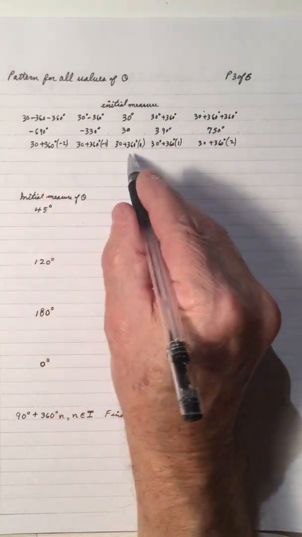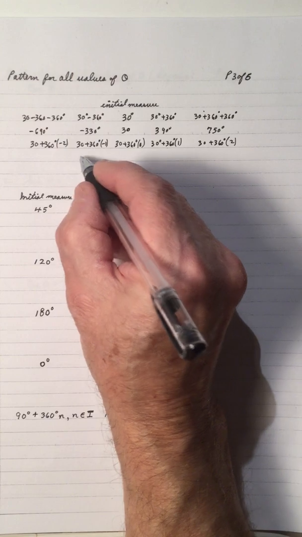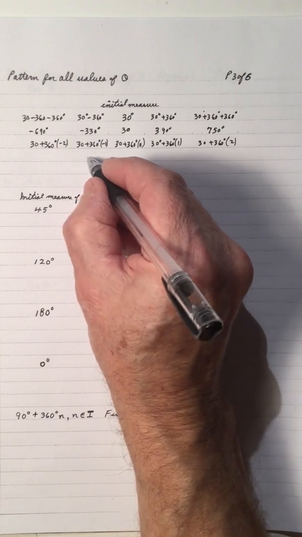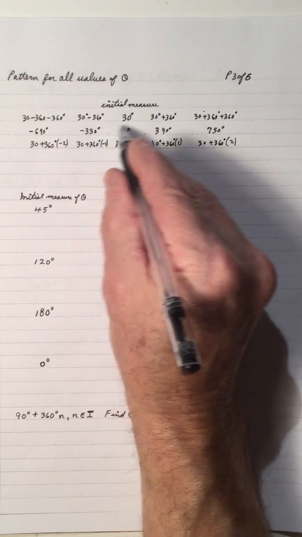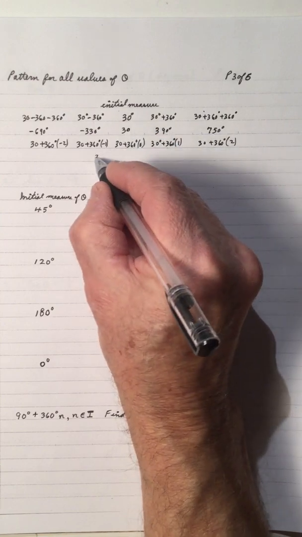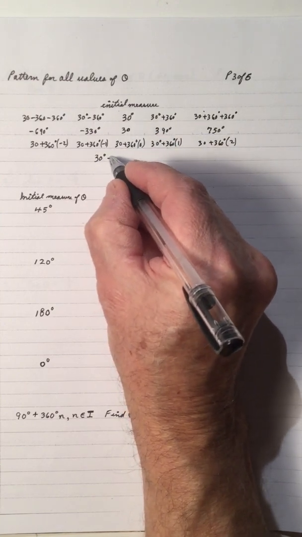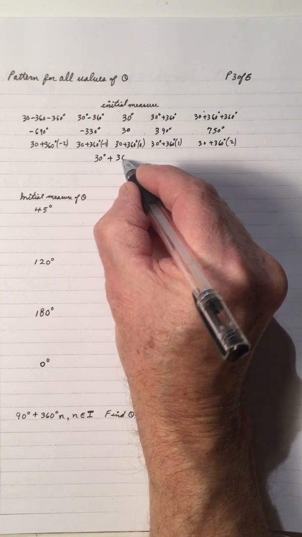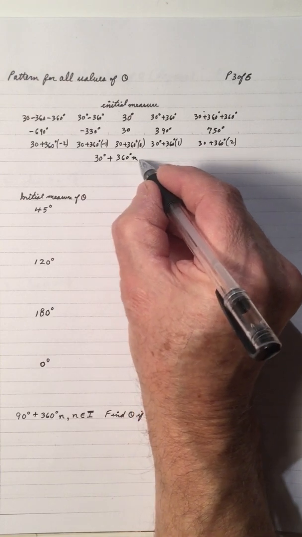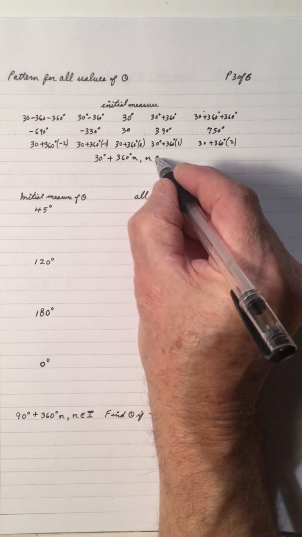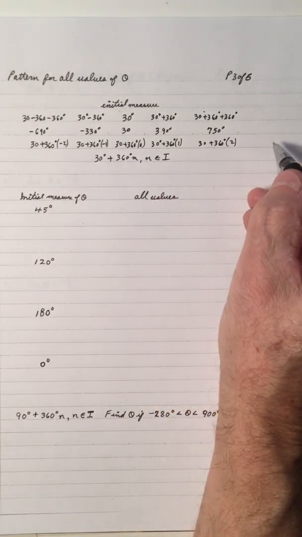So notice the pattern: theta is whatever your initial one is, so you have 30 plus 360n, where n belongs to the integers.